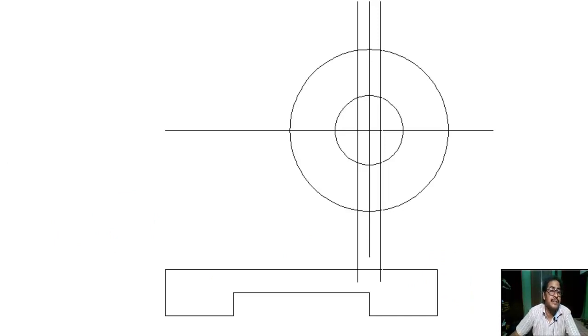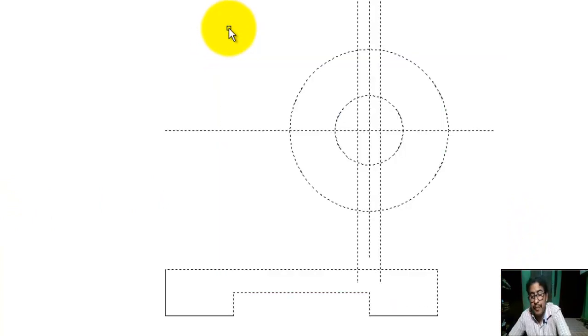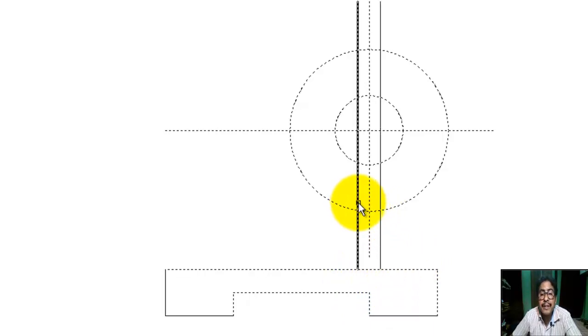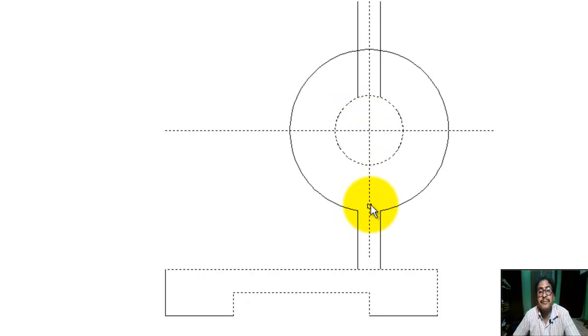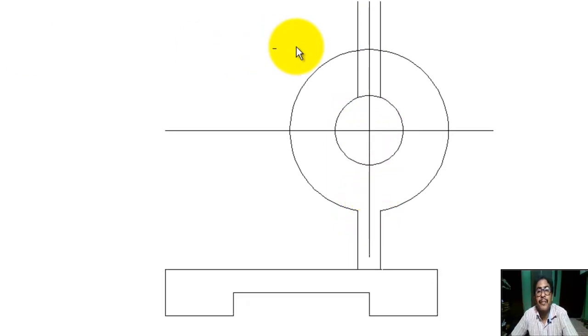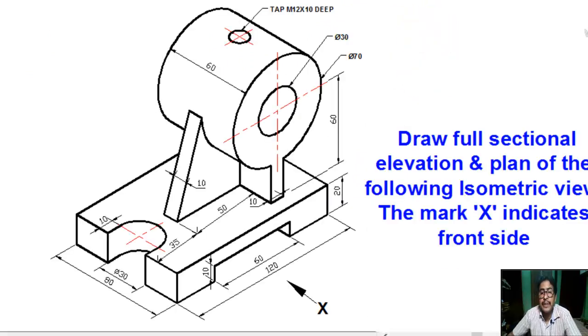Now use trim command, click on trim, select object to trim, enter, select object to trim, this portion, this portion, this portion, this portion. Okay, erase this line, erase this line and this line.